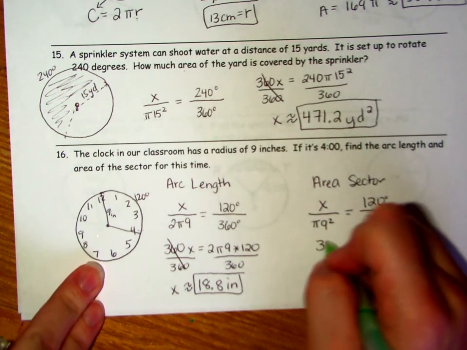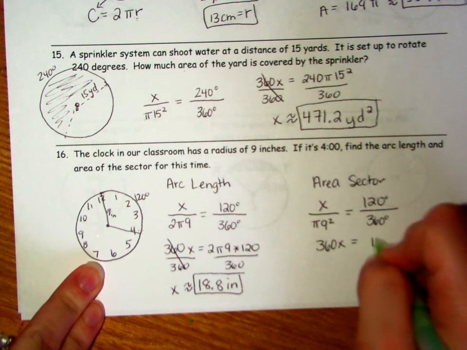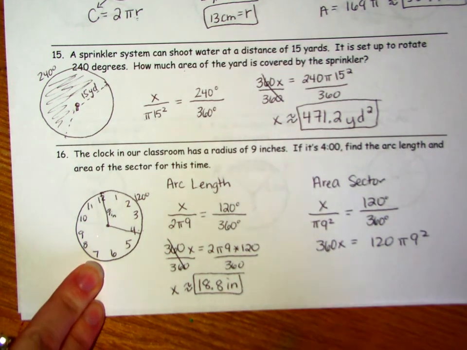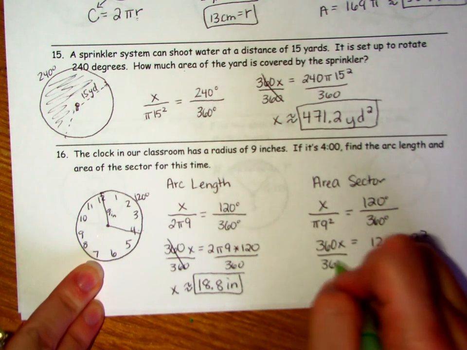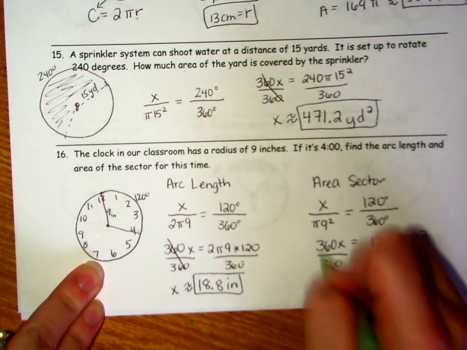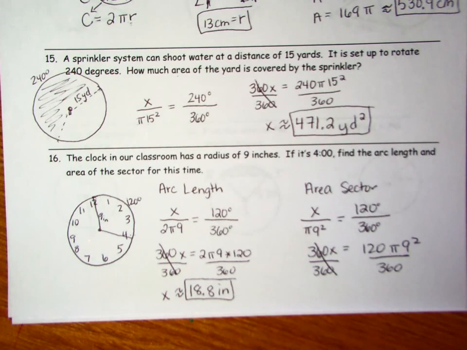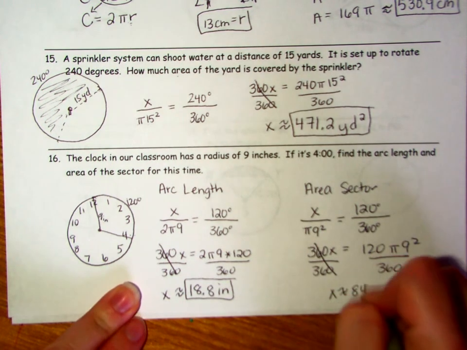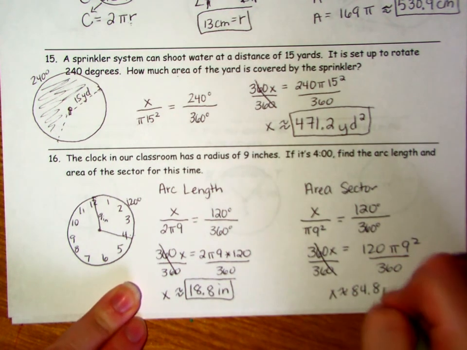Cross multiply, 360x is equal to 120 pi 9 squared. What do I do to both sides? I'm going to divide both sides here by 360. These cancel, and in my calculator, that's what I'm going to put, so give me just a second. 120 pi, 9 squared on top, 360 on the bottom, and I'm going to get approximately 84.8 inches squared.